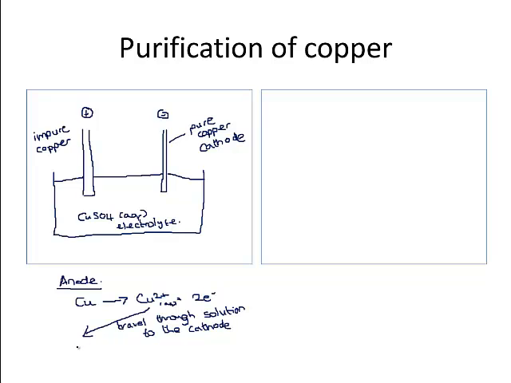Here you get cathode Cu2+ plus 2 electrons going to give Cu. And since only the copper can travel through the solution, any impurities are left behind.